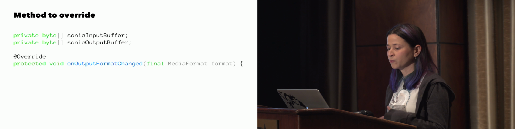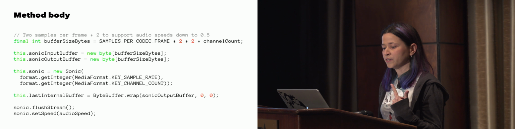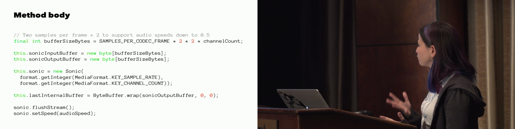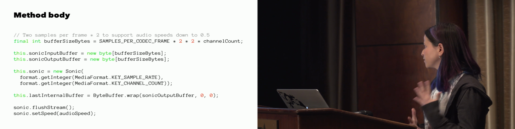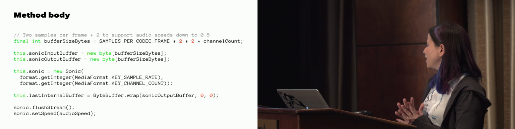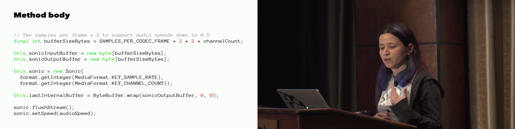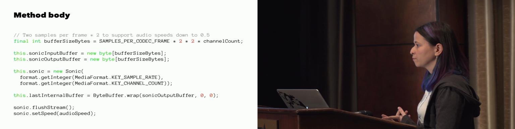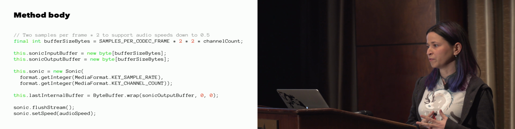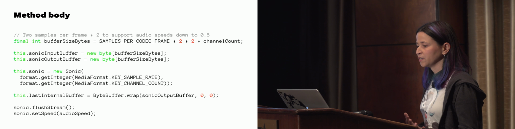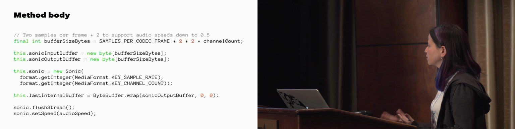So in this method, what we're doing is setting up all the Sonic-related buffers and the Sonic class itself. And the last part is flushing the stream in case there was something there before playing at a different speed, and setting the speed to whatever the user has selected.